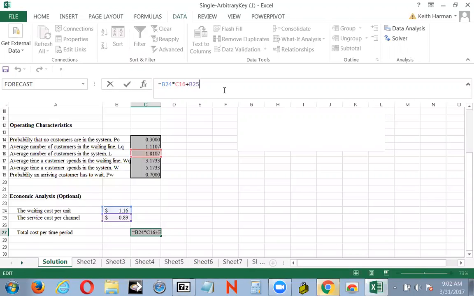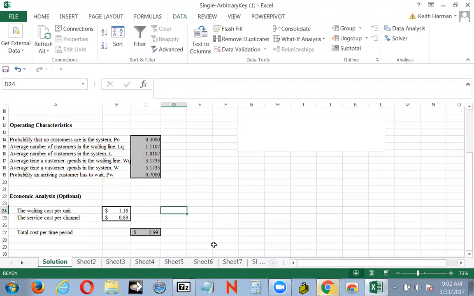Then we have to add in the service cost, and that's where we add in the B25, and we end up with that total cost per time period. So if we're going to reduce the total cost per time period, then we have to attack it either through the service cost per channel or the waiting time.